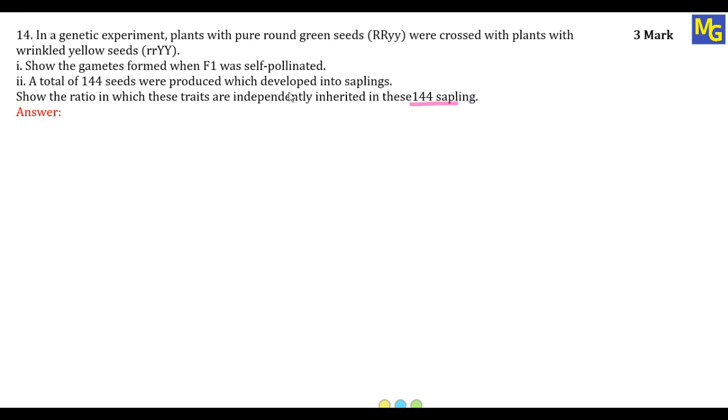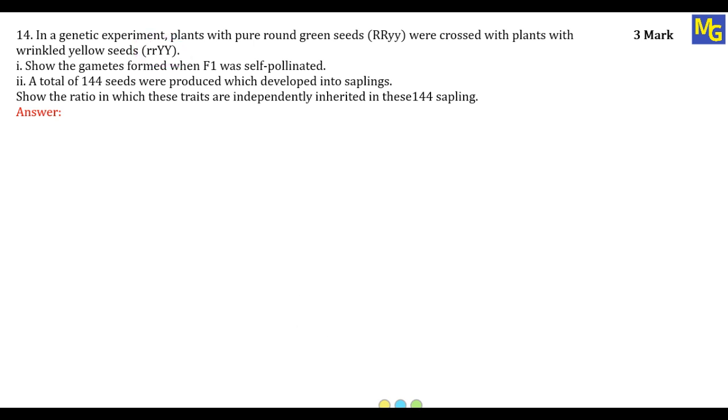So we have to show the ratio of the F2 generation, where we can see how these traits are independently inherited. That means we have to show the phenotypic ratio for the F2 generation. The important thing to remember is which are dominant and which are recessive, and according to that we have to pollinate.